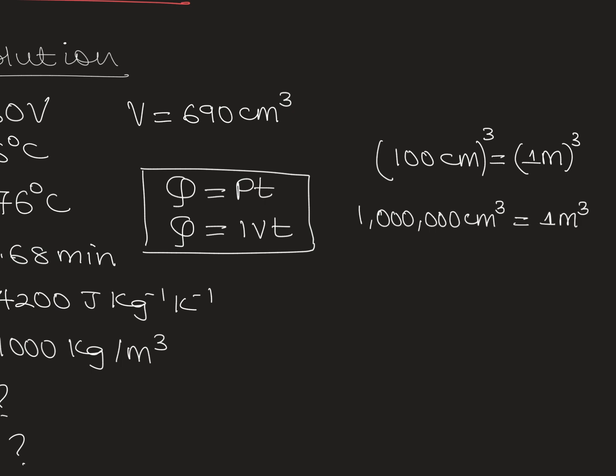So 1 million centimeter cube is equal to 1 meter cube. You see that? So if 1 million centimeter cube is equal to 1 meter cube, what is 690 centimeter cube? That will be equal to x.